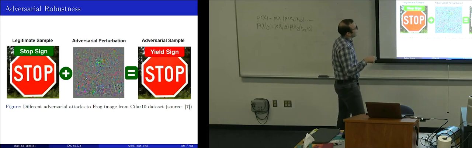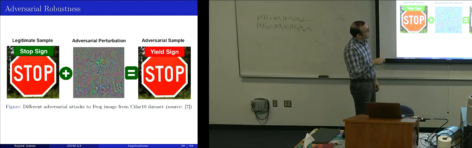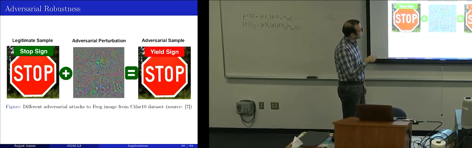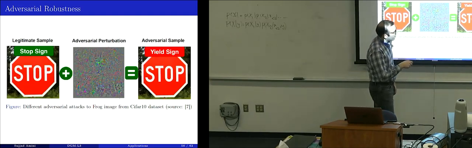Assume that this is a legitimate sample of your model. The model is, for example, one used in an autonomous car that can detect the type of the sign in its inputs. But if I add this perturbation to your input, you have the same image.